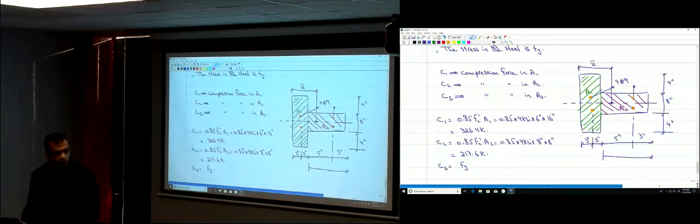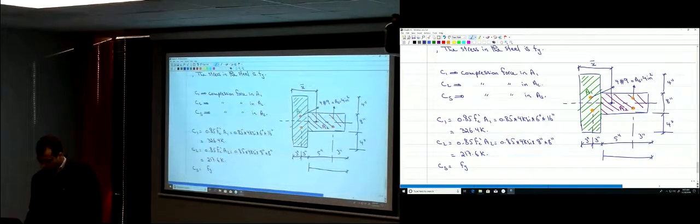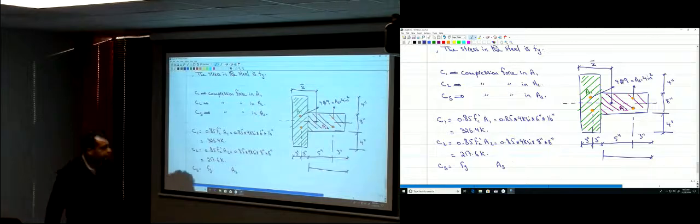The area of 4 number 9 bars. The area of the steel. Those 4 number 9 bars give you an area of steel of 4 inches squared. So that's multiplied by area steel.